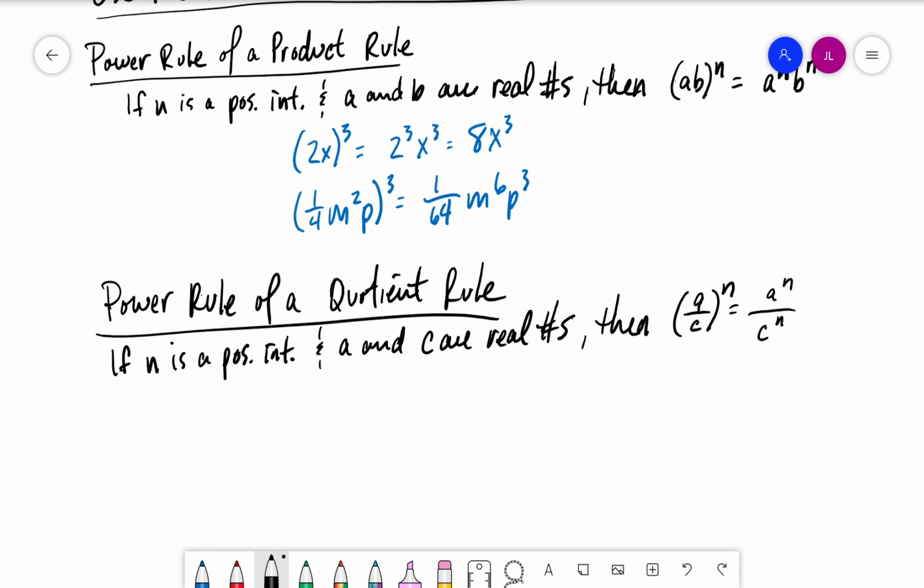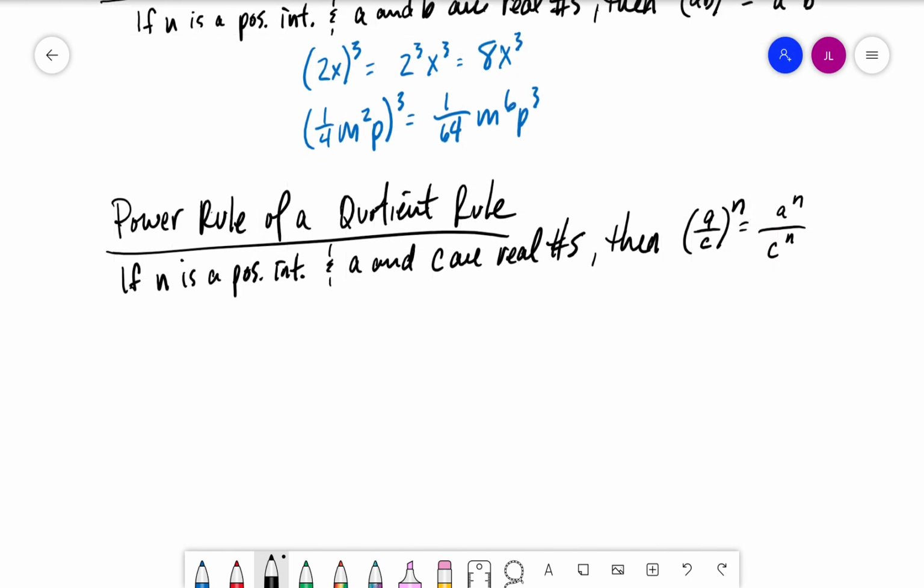Although we've done quite a few of these, we're going to look at a couple pretty simple ones and see what we've got. Let's say we have x over 3y squared, and this whole thing is squared. Well, we know this is the same as x squared over 3y squared, squared.